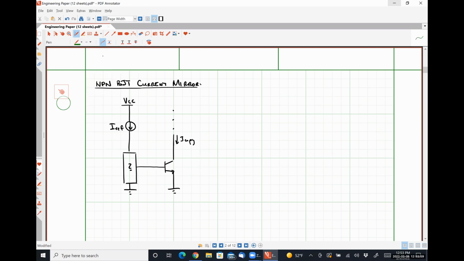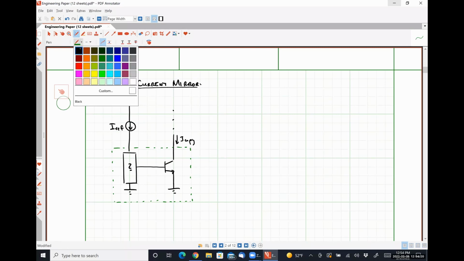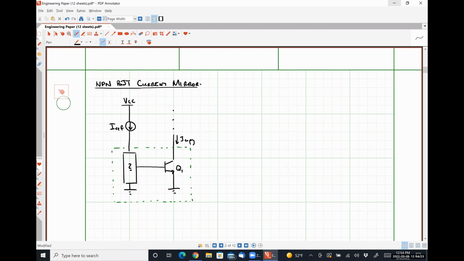And this green box effectively represents the current mirror system or circuit as a whole. And I'm going to call this transistor, for the sake of argument, Q1.